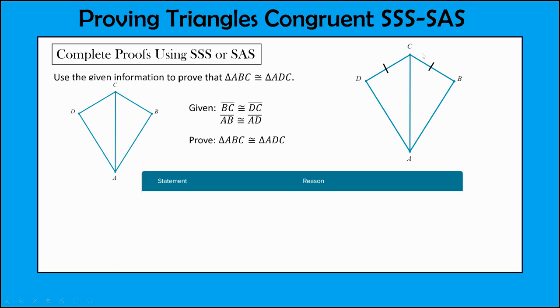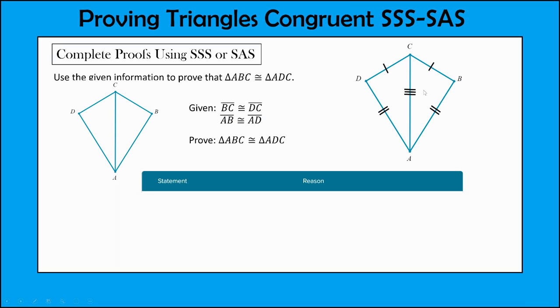I know BC is congruent to DC, and they tell us that AB is congruent to AD. Now again, we're either using side, side, side, or side, angle, side. You're not given any information about angles, nor is there any way I can show any information about angles. But what I do know is that these two triangles share this CA side, and CA is congruent to itself.